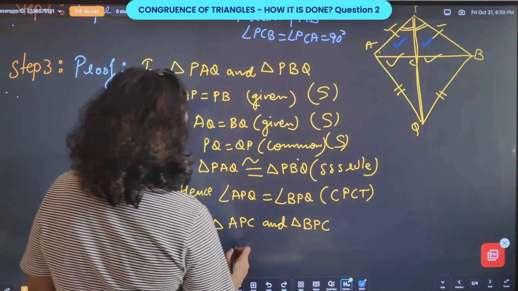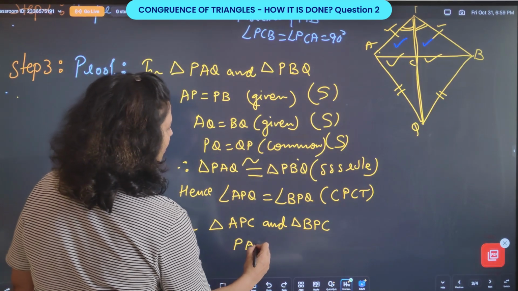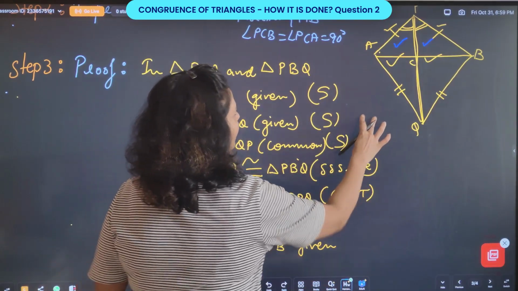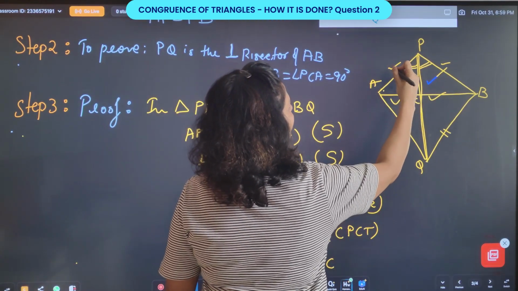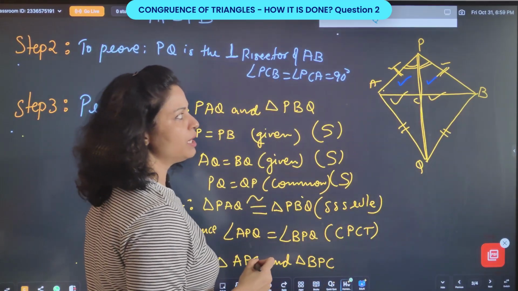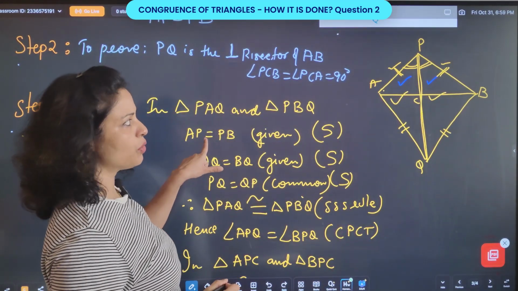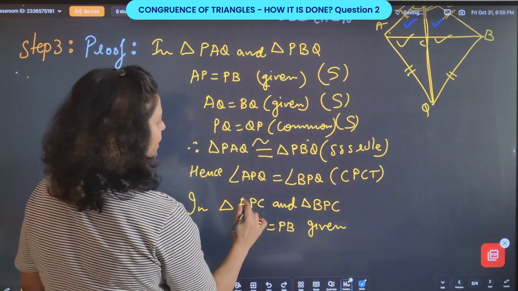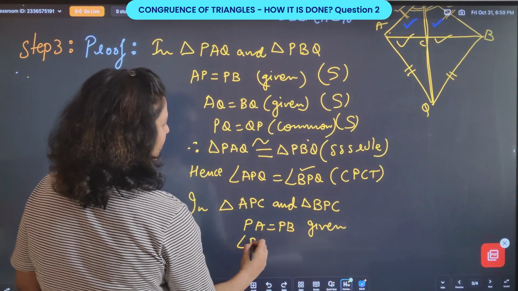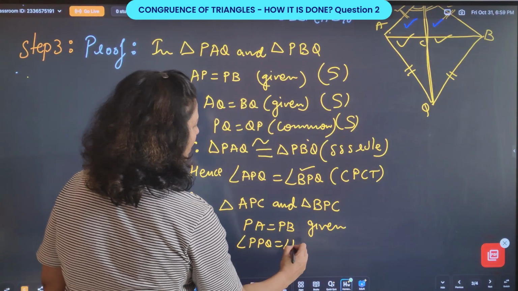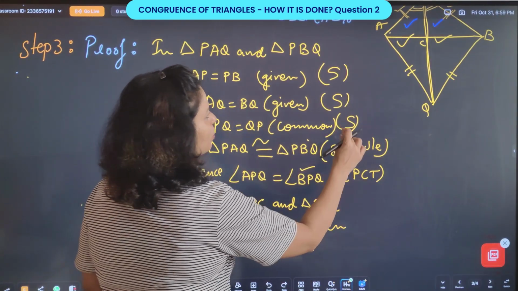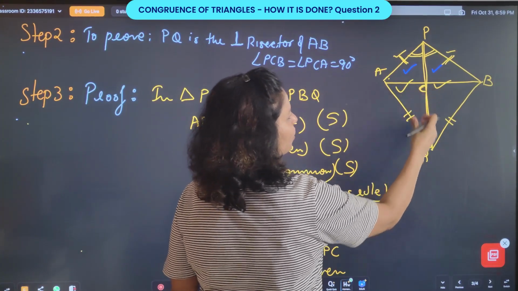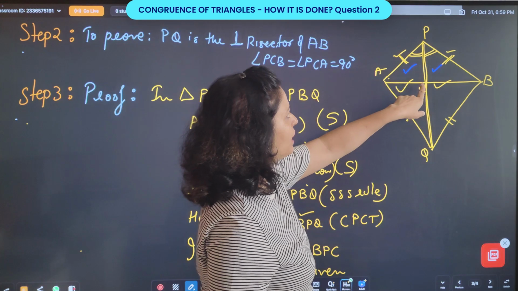See here, PA is equal to PB is given, which we used even here also. Then we can write angle APQ is equal to angle BPQ. Now we will not write Q, we can write C here, because Q will not belong to this triangle.